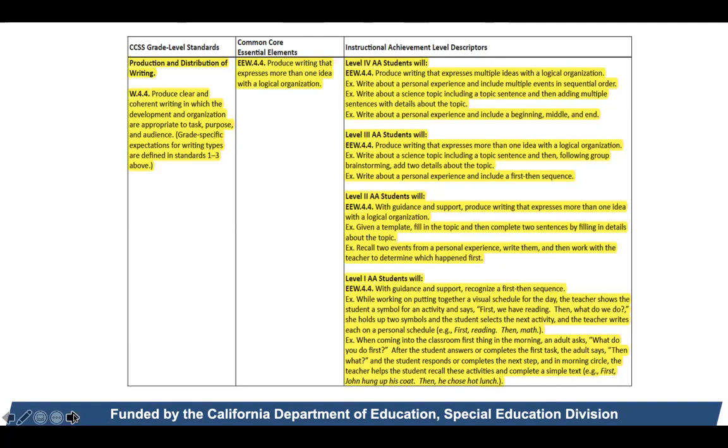So what you'll find is that essential element in the center column will be rewritten for each of those 4 levels, and then instructional examples, or what that would look like in a classroom while still being aligned with that grade level standard. So it gives educators a starting point for developing lessons that could be accessible for students with significant cognitive disabilities. So that's just one of the resources that we put on the Padlet for your use.